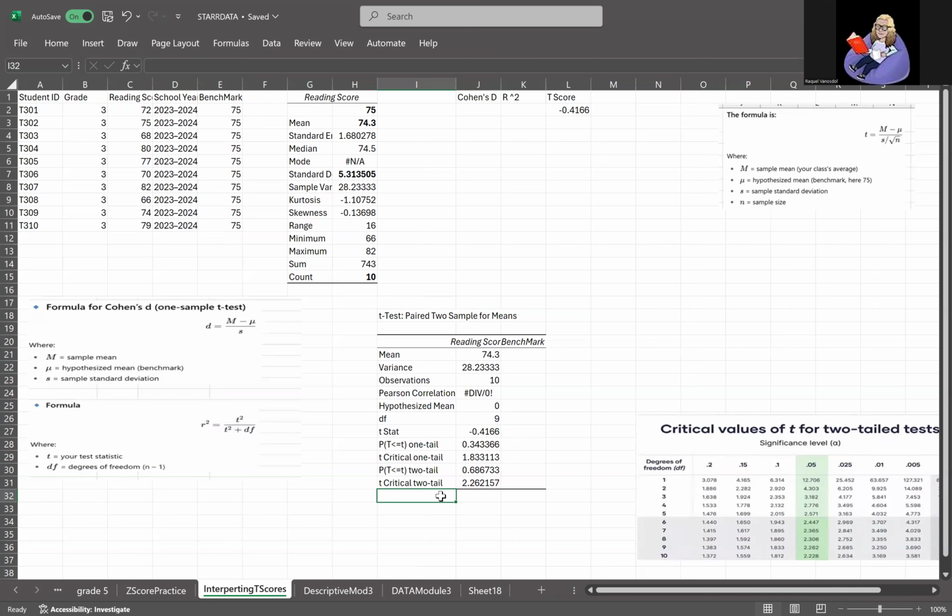So you can see that the scores do not differ significantly from the benchmark, which is 75.